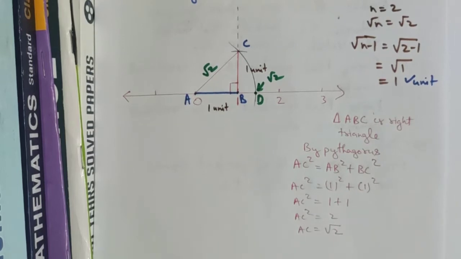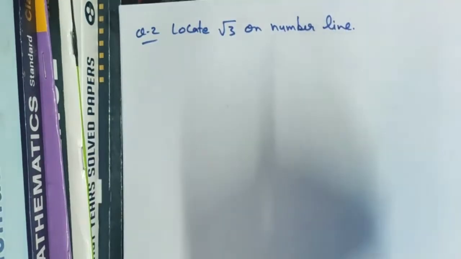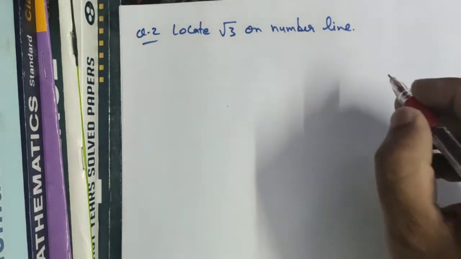Okay, let's do some more examples on that. Root of 3 on the number line. So a similar process we'll do. First of all, we have to find out what is n here. Root n is equal to root 3. Here n is equal to 3.